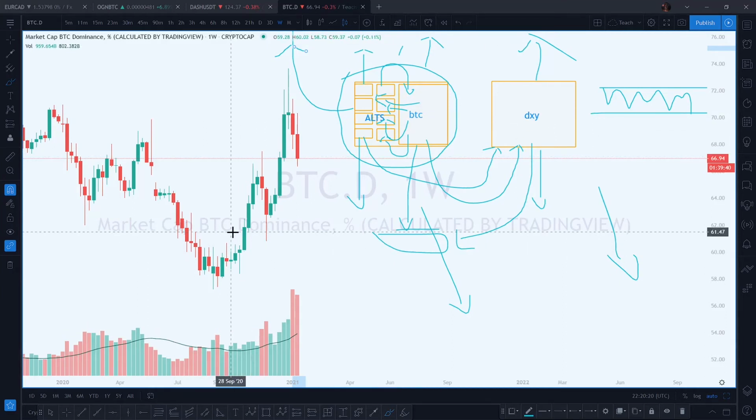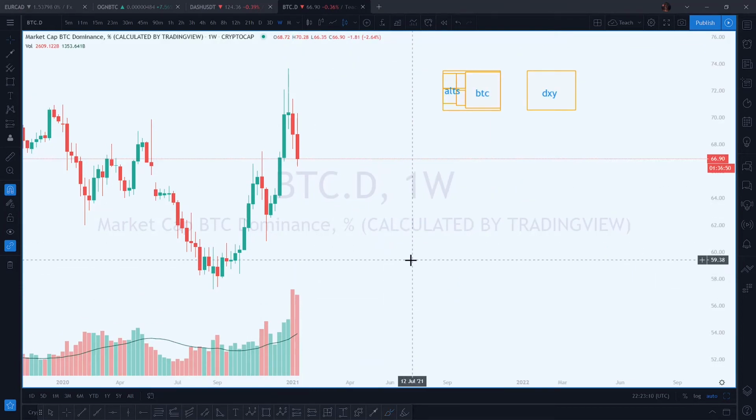Now, talking about alts and the USDT pair. Why is it that people say the alts USD pair always follows the BTC USD pair? When we see BTC is bullish, let me quickly clear this. So why is it that people say when BTC is bullish, altcoin USDT are also bullish? When Bitcoin USD is dropping, altcoin USD is also dropping.